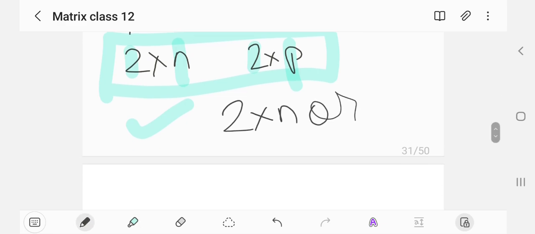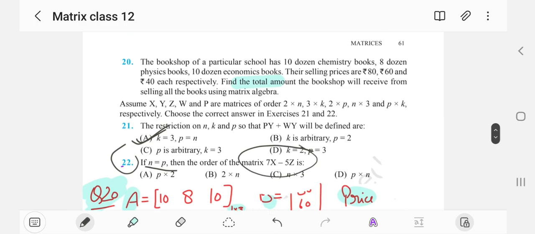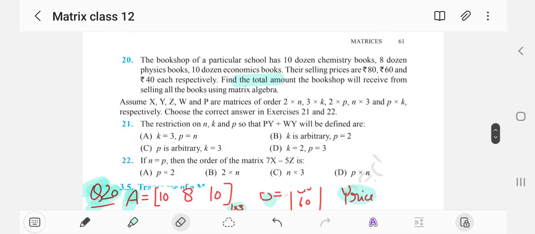Or you can also write, remember this is or, both the answers are correct. 2 by n is also correct, 2 by p is also correct. Let's see which option is given to us. You can see here that 2 by n is given to us. So option B is the correct answer.